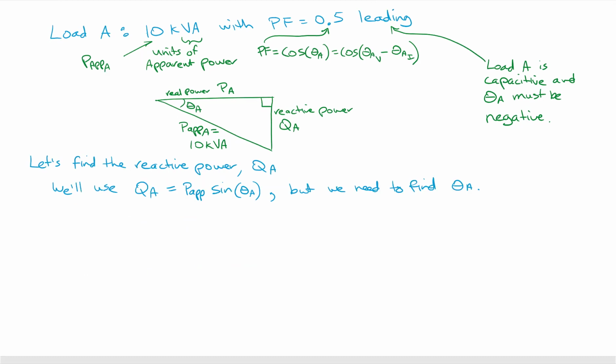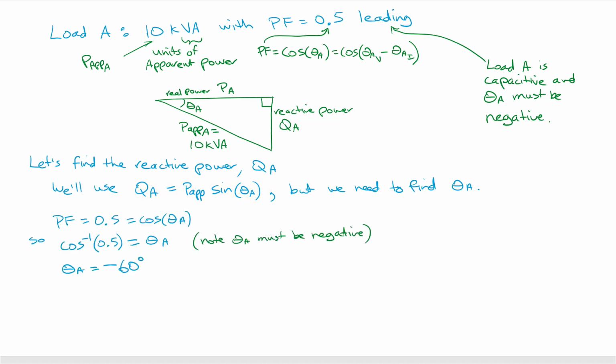So then, let's find the reactive power. We know the expression for it: Q is equal to the apparent power times the sine of the power angle. But this time, we have to find the power angle theta A, and we know it's negative. The power factor is equal to the cos of the power angle, so if we take the inverse cosine of the power factor, 0.5, we get the power angle.